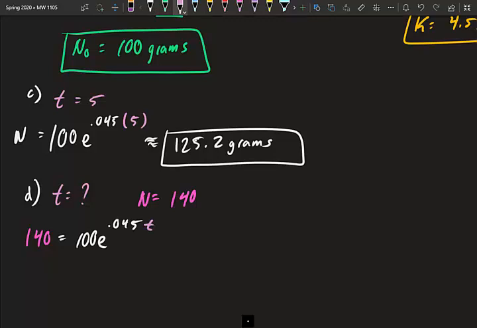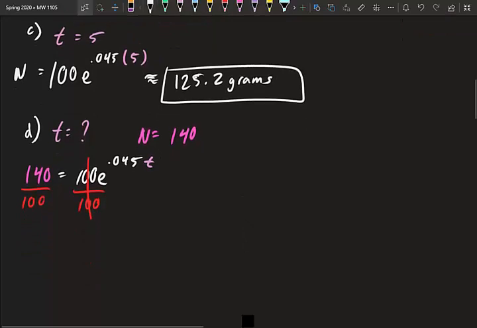So first things first, we want to get as much away as possible from the variable of t. So the first thing that we can do is divide this out to get one thing away from it. So when we divide 140 by 100, we're left with 1.4. This is the only time really you can ever use decimals, and it's okay. And since 1.4 and e can never be the same base, we're going to switch this to ln.